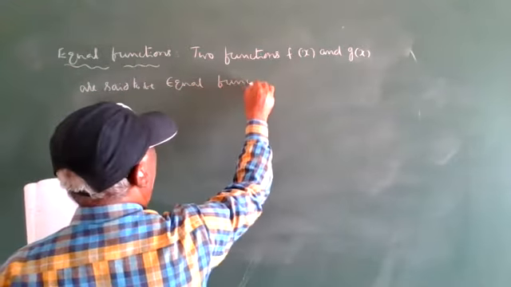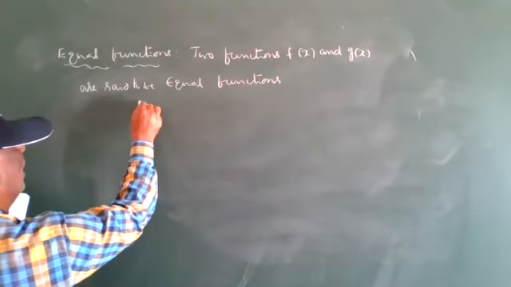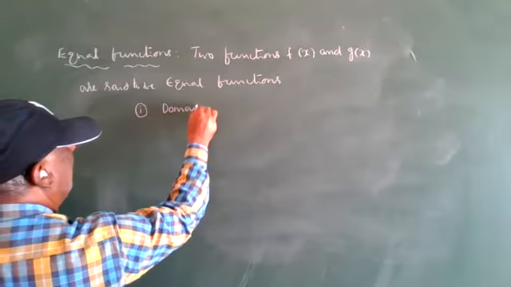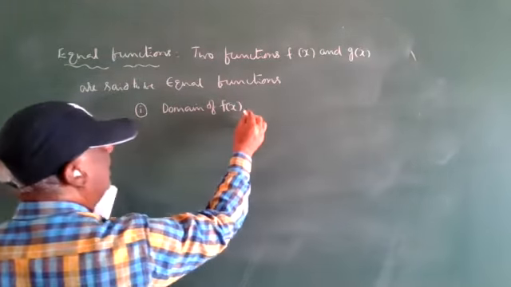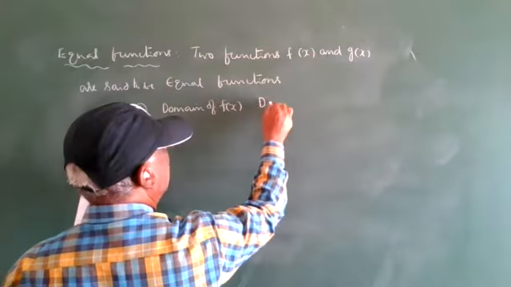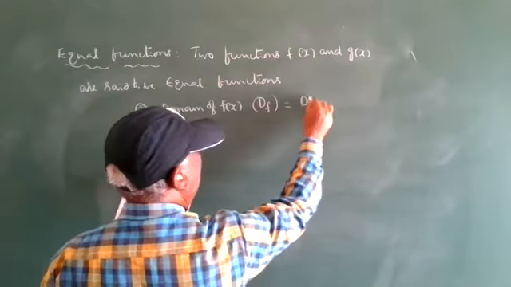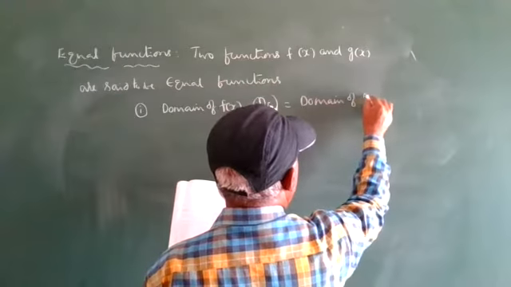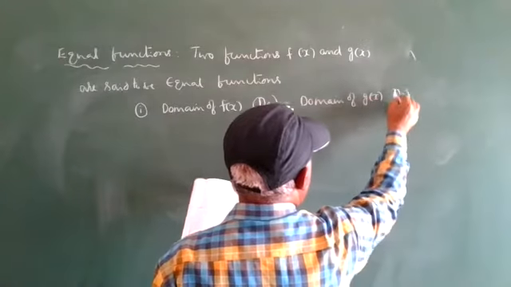When we say these are equal functions, the domain of f of x, simply represented as D of f, is equal to the domain of g of x, represented as D of g.